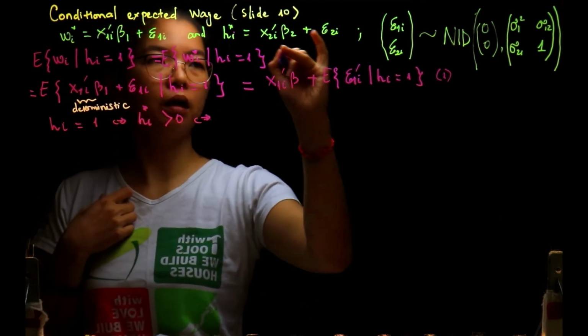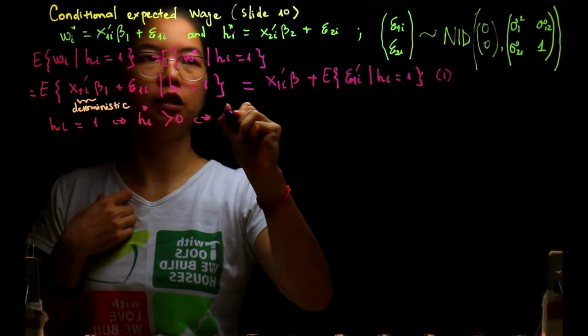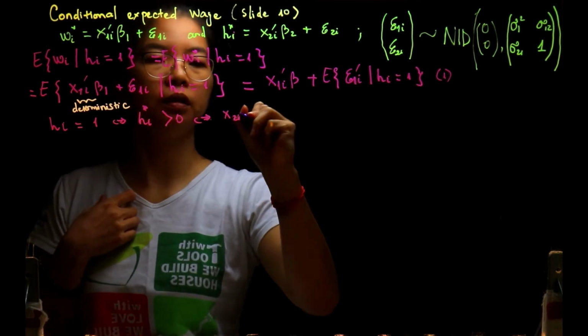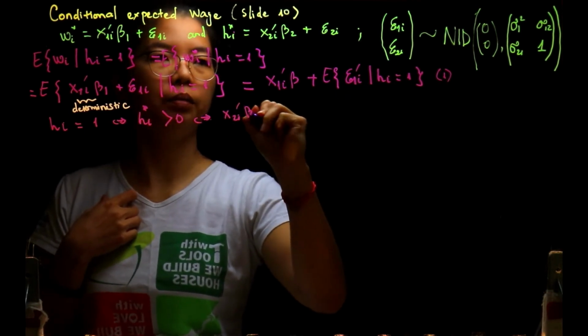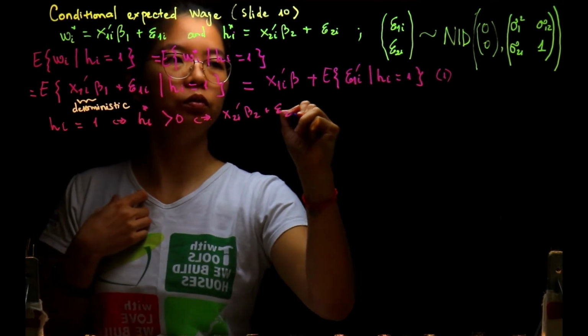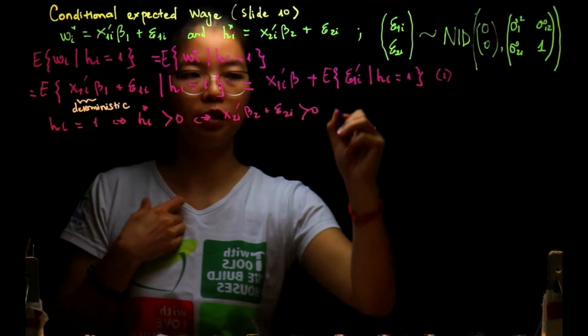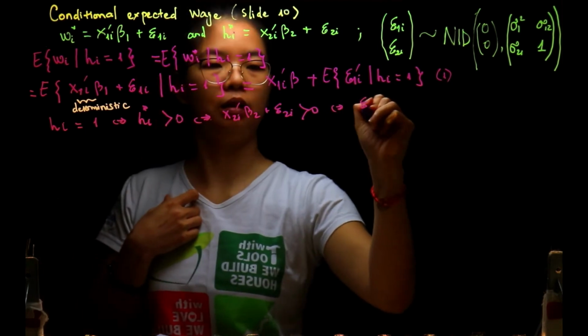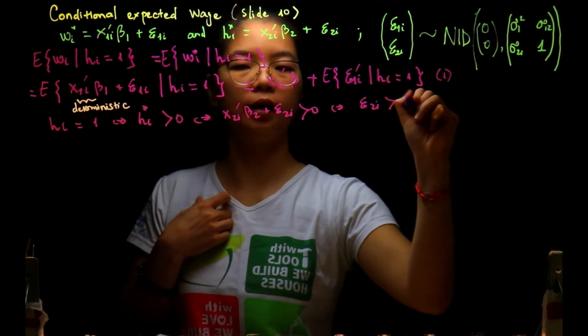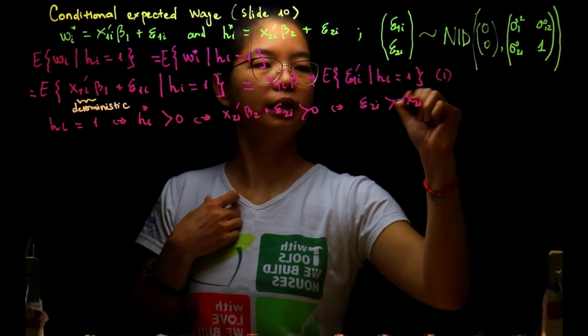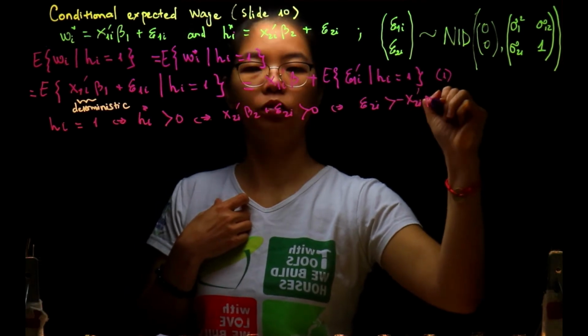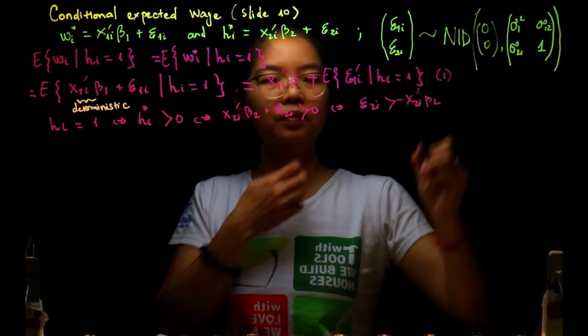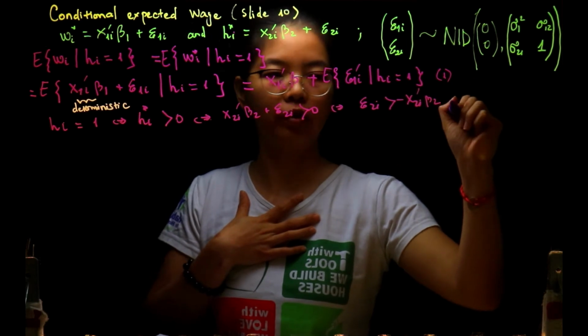Meaning the right hand side of the equation, x2i prime beta 2 plus epsilon 2i, is positive, meaning epsilon 2i is larger than minus x2i prime beta 2. This we should be familiar with already.